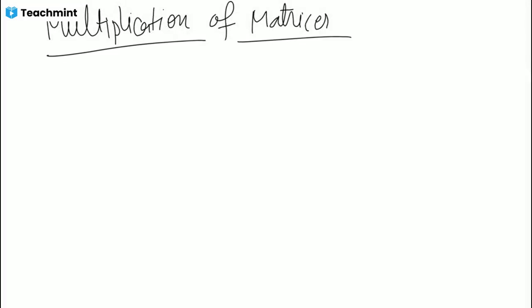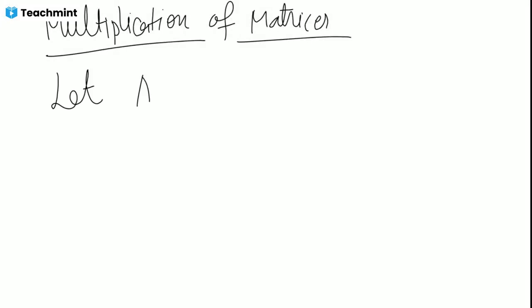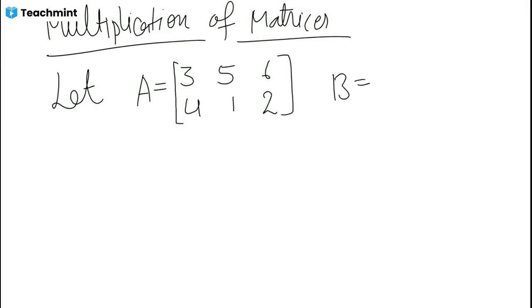Multiplication of matrices is completely different from addition and subtraction. So let us start. Let matrix A have elements 3, 5, 6, 4, 1, 2, and matrix B have 7, 3, 2, 5, 4, 1.